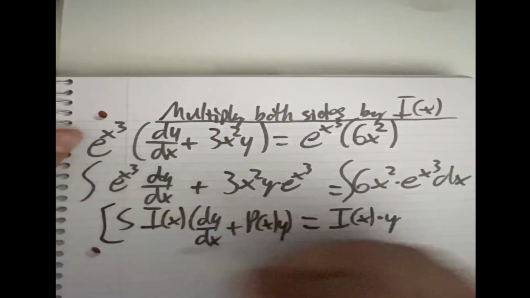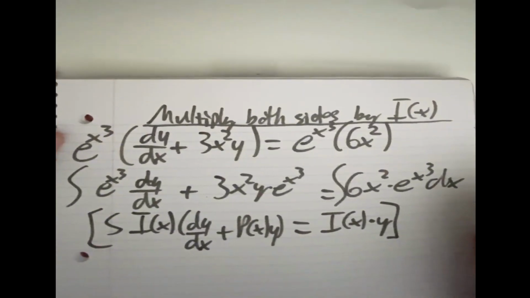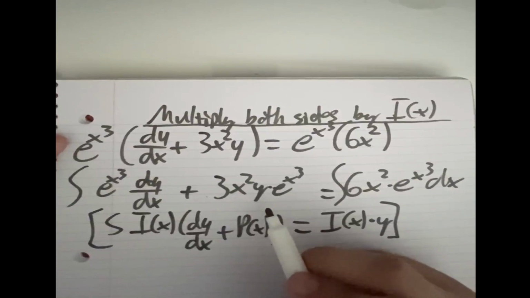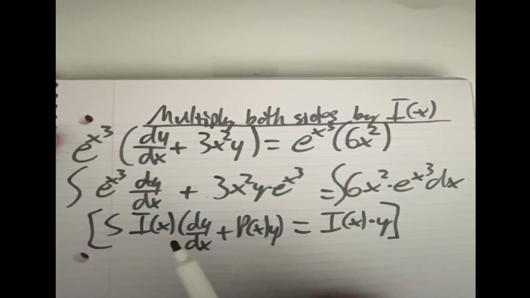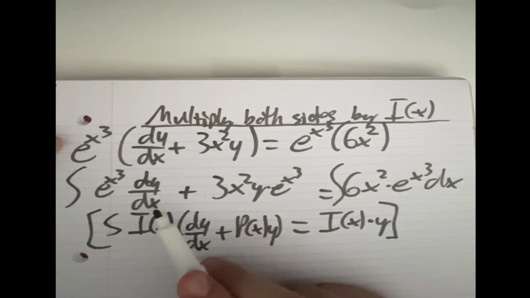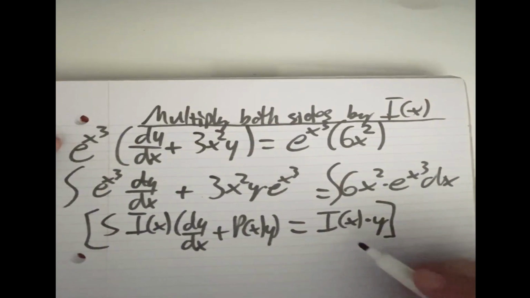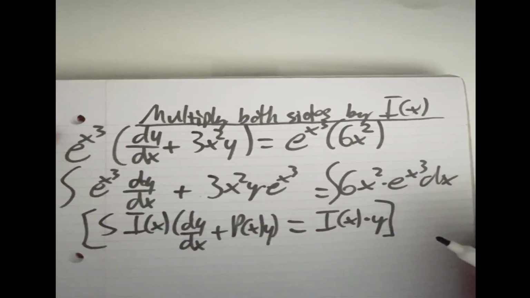So there's no need to perform all that arithmetic to integrate both of these terms, knowing that the integral of I of x times dy over dx plus p of x times y will simply be the integrating factor times y.